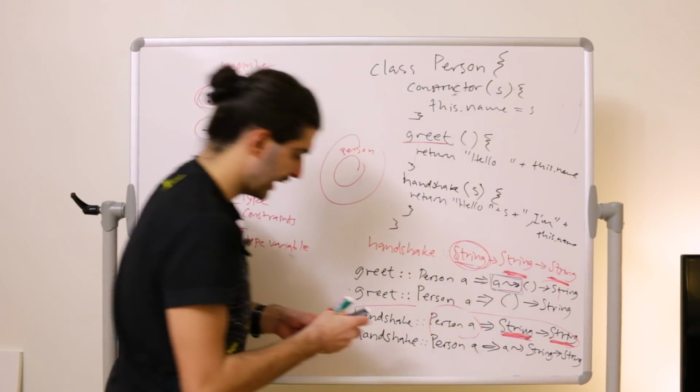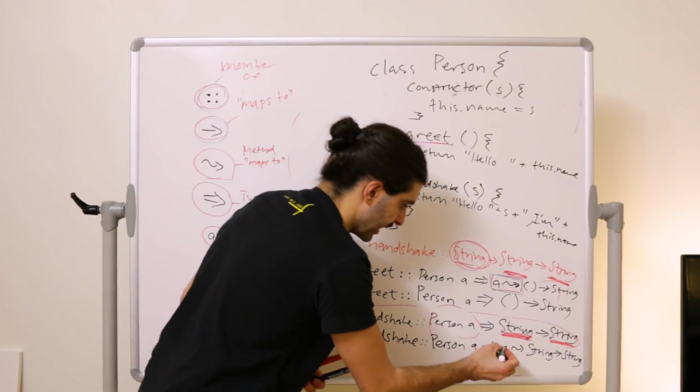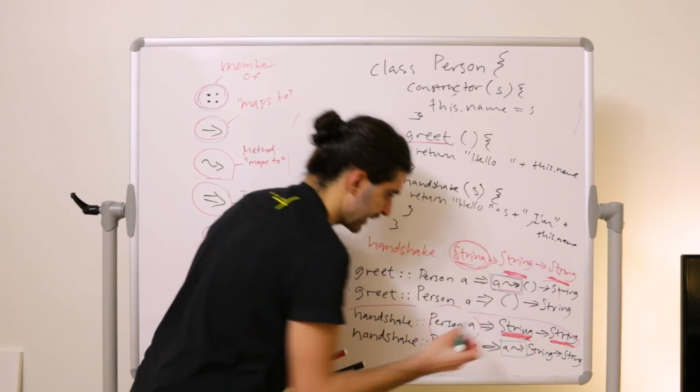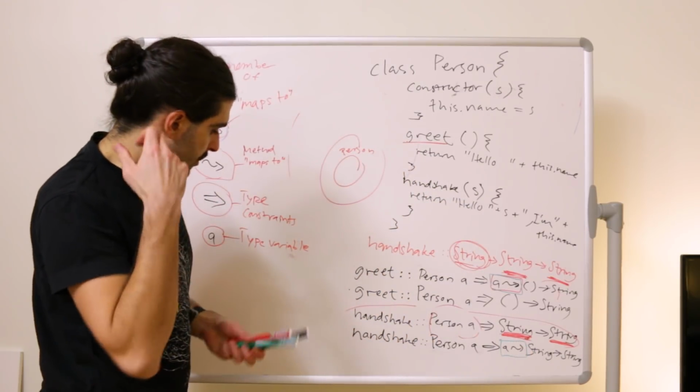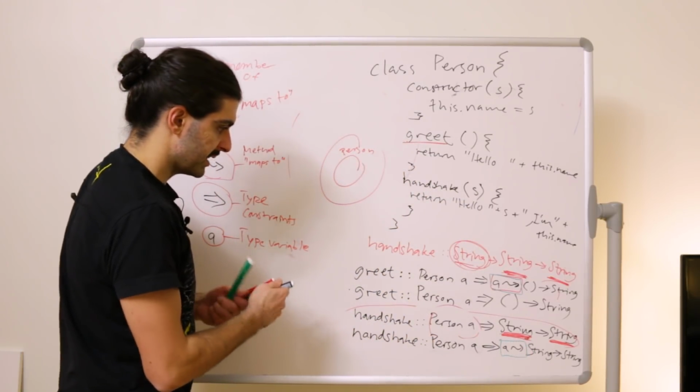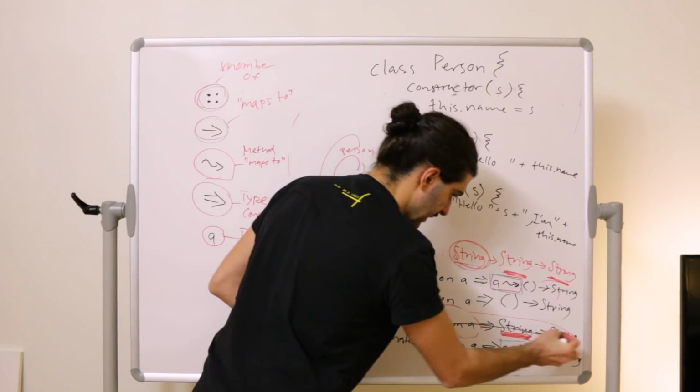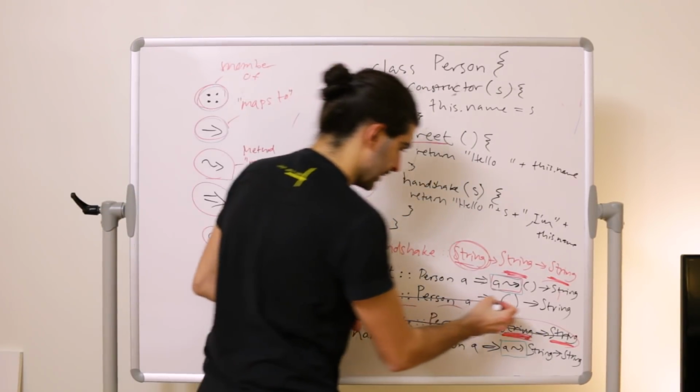Squiggly arrow. And I needed to add this thing here. Like that, right? So this version is incorrect, and this version is incorrect, right?